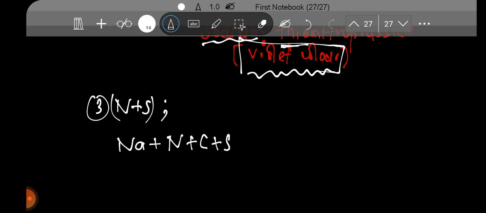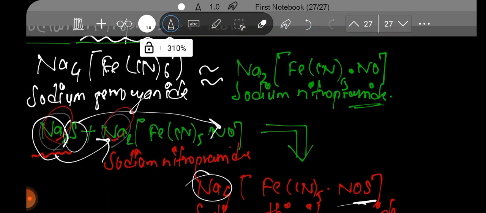Carbon is the most important element of organic compounds. Then it gives NaCNS.